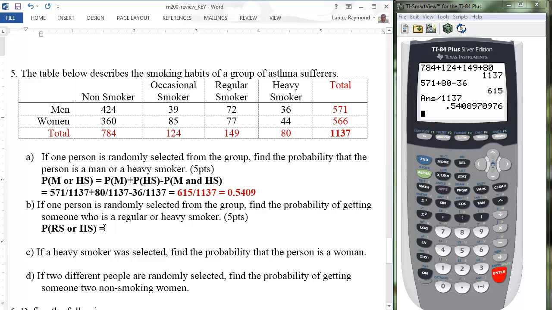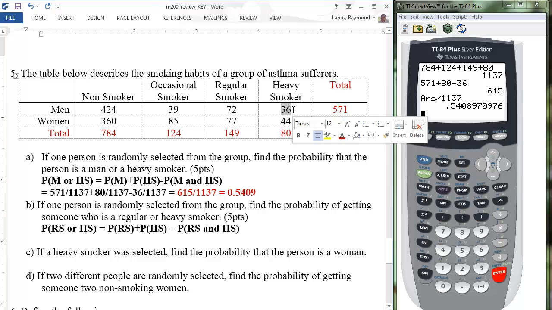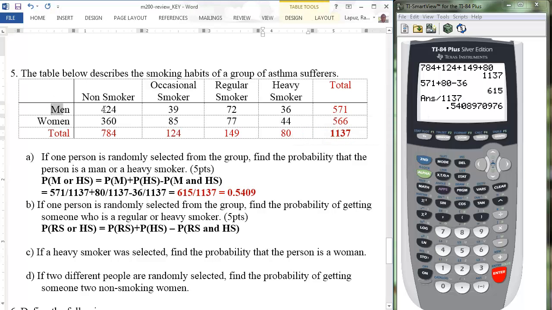And then we're going to use the addition rule again: the probability that we get a regular smoker plus the probability that we get a heavy smoker, and then we subtract out the probability that we get a regular smoker and a heavy smoker. Now this is slightly different from the one above, because for a man or a heavy smoker the overlap is 36. That's where the men row and the heavy smoker column intersect.